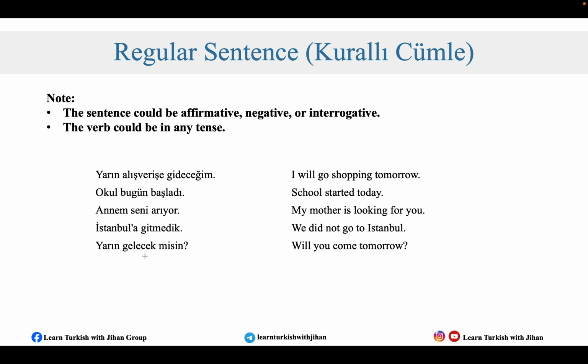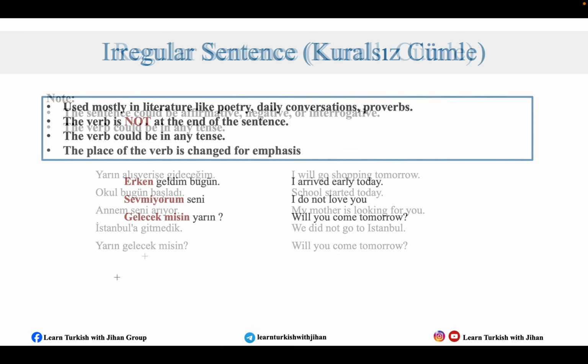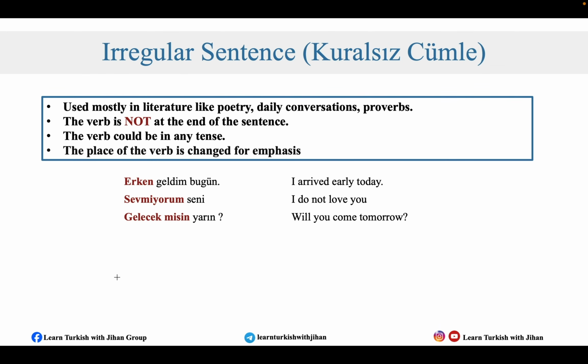These were examples of regular sentences. Let's see the other category, which is the irregular sentence. In the irregular sentence, kuralsız cümle, a sentence without a rule, as we said before, we have some notes before we read the examples. Used mostly in literature like poetry, daily conversations, and proverbs.